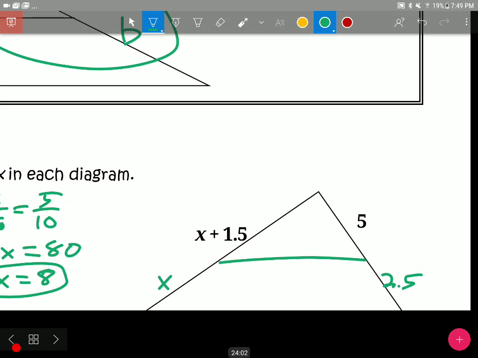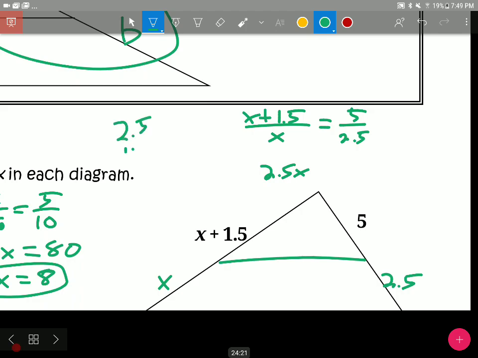So we've got x plus 1.5 over x equals 5 over 2.5. So just cross multiply: 2.5 times x, that's 2.5x. 2.5 times 1.5, I don't have a calculator on me.